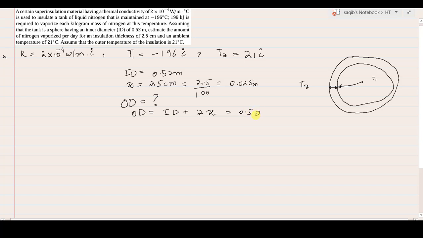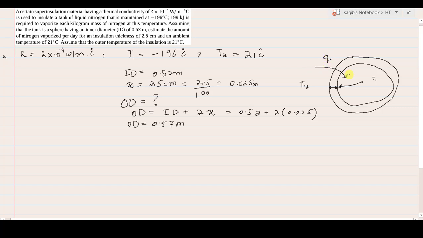That is 0.52 plus 2 times the thickness, 0.025. So the outer diameter you will get is 0.57 meter.